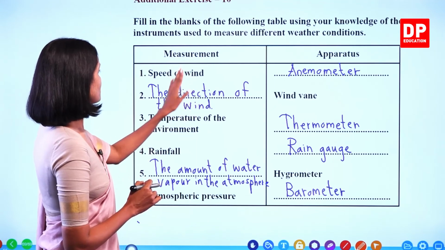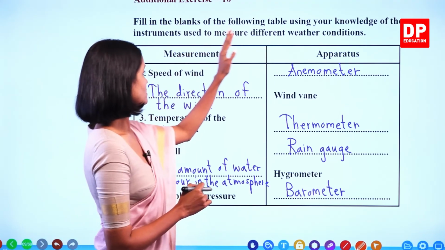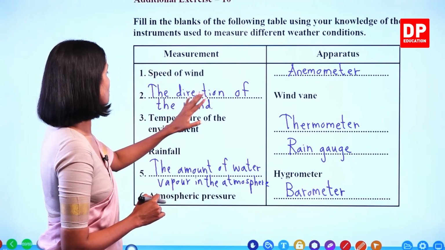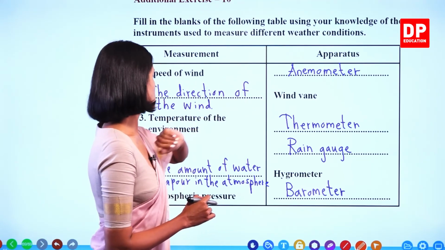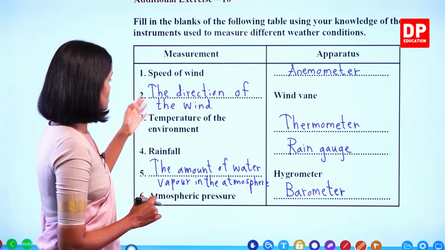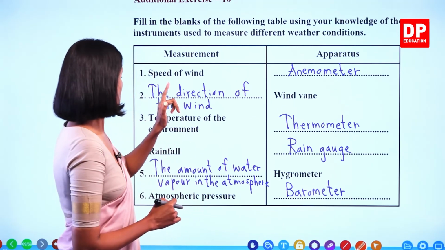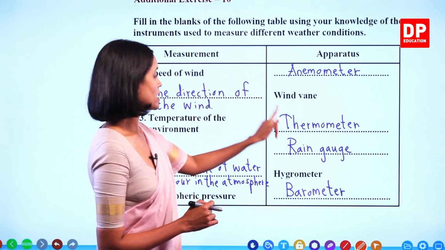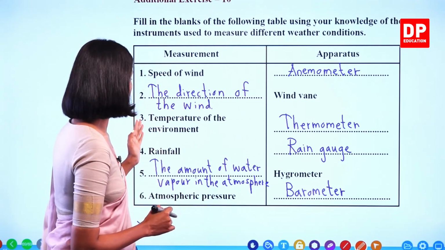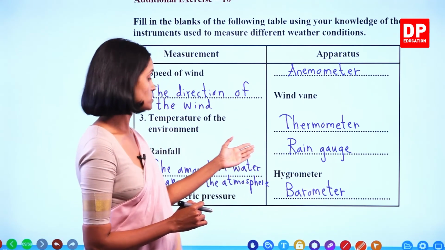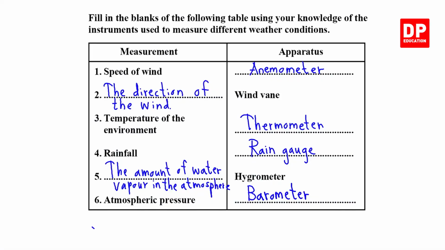So to measure the speed of wind, anemometer is used. To measure the direction of the wind, wind vane is used. To measure the temperature of the environment, thermometer is used. To measure the rainfall, rain gauge is used. To measure the amount of water vapor in the atmosphere, hygrometer is used. And to measure the atmospheric pressure, barometer is used.